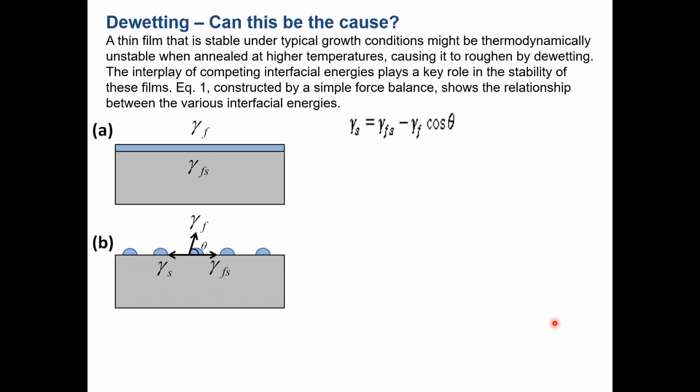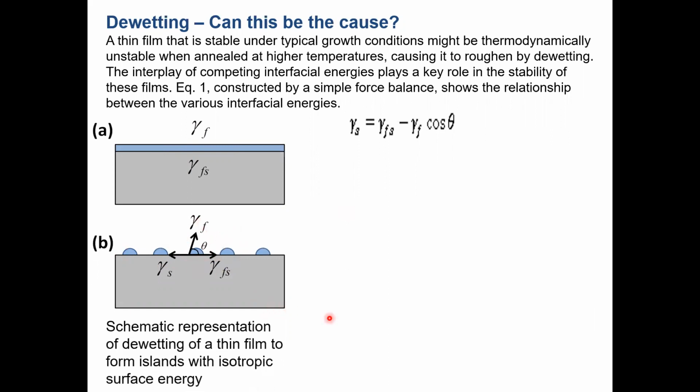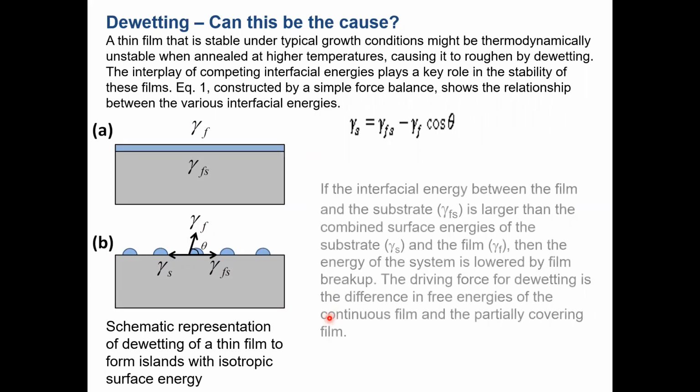That thermodynamically, the Gibbs free energy of the broken up film is lower than the Gibbs free energy of the intact film. If that's what the condition is, then the film is going to break up. And this is known as the so-called de-wetting.